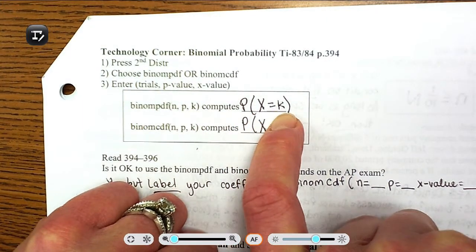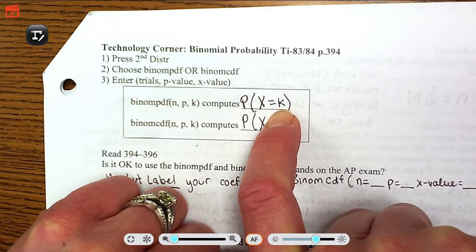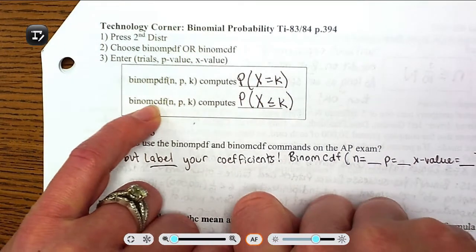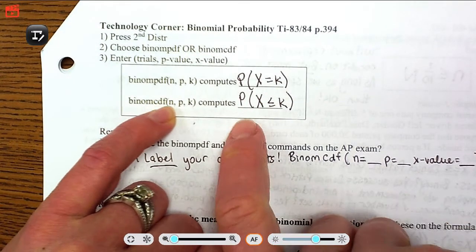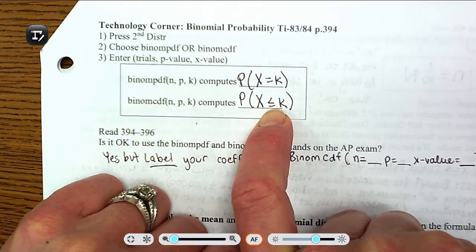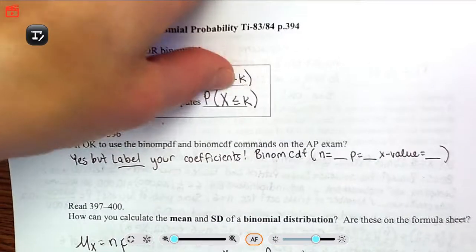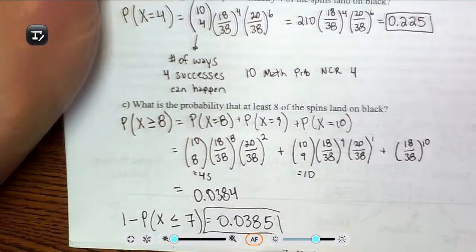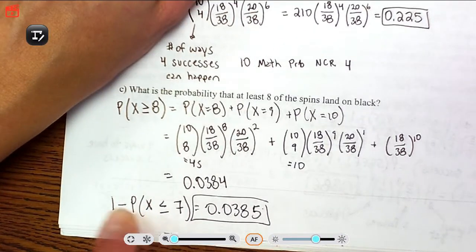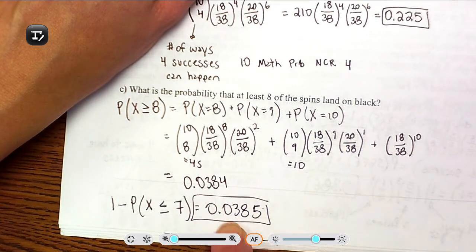This computes the probability that x is equal to k, like having 4 successes out of 10 or 6 successes out of 10. But binomial CDF, instead of PDF, computes the probability of less than or equal to that number of successes. So that would be a great way to figure out the probability that x is greater than or equal to 8, which is 1 minus the probability that it's less than or equal to 7. And then your calculator can give you this.